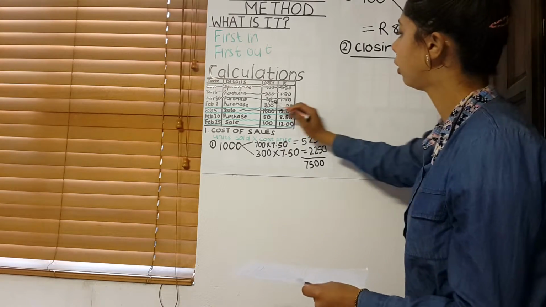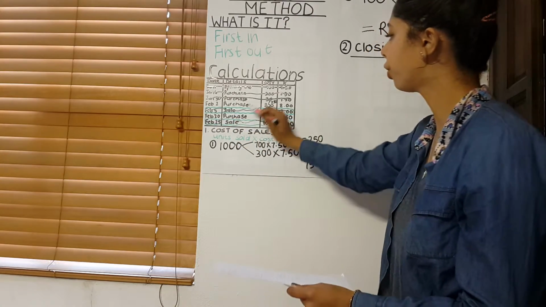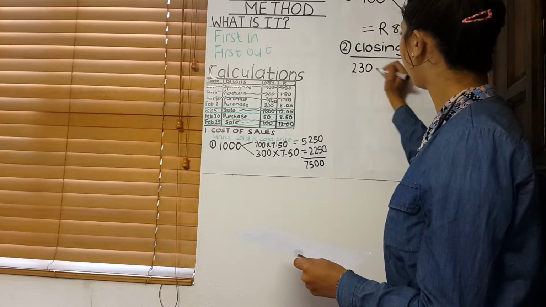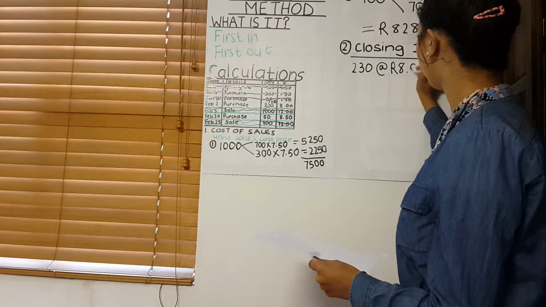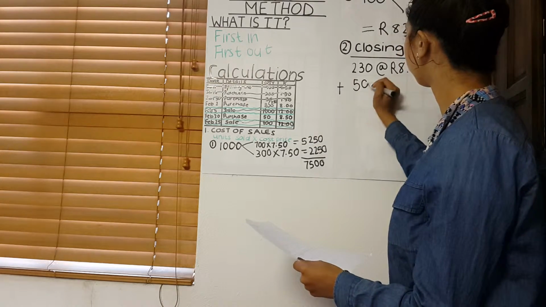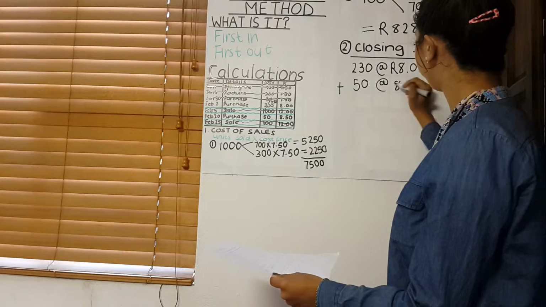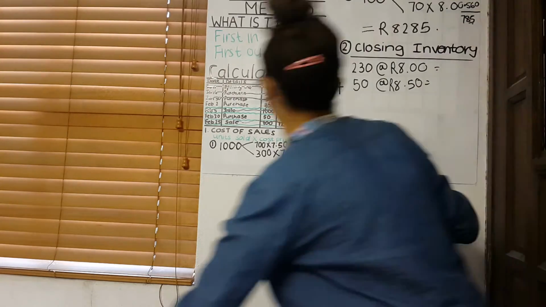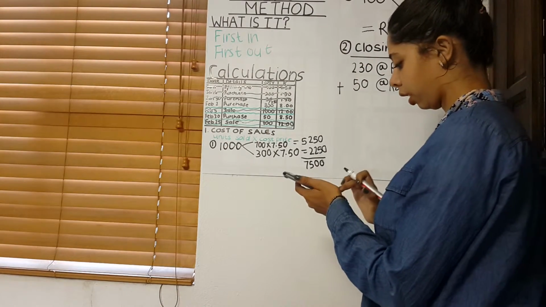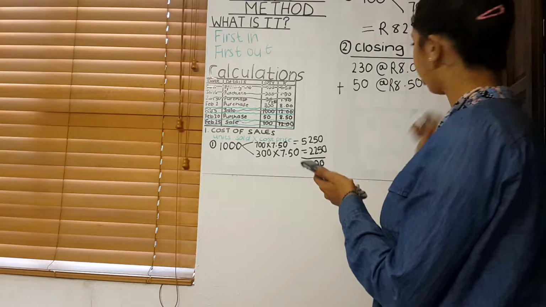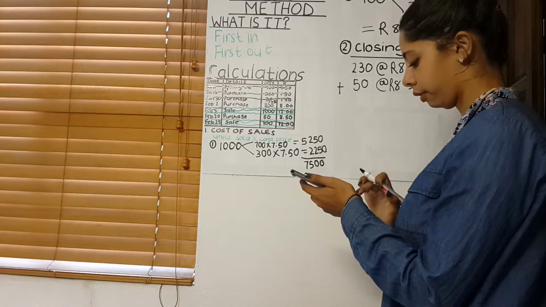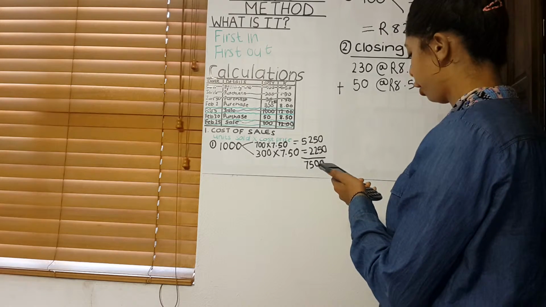To calculate closing inventory, we will need to use the total that is left over in the table, which is the 230 at 8 rand, and plus the 50 at 8 rand 50, which will give us the totals. 230 times 8 rand gives us 1840, and then the 50 times 8 rand 50 gives us 425.